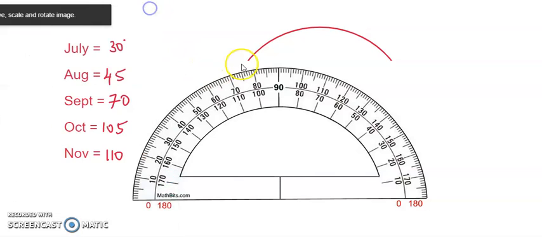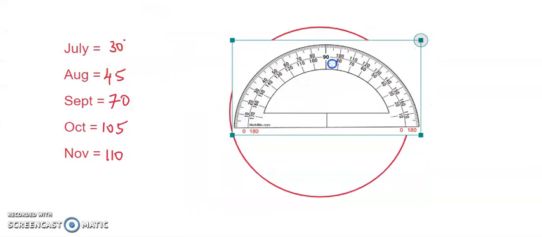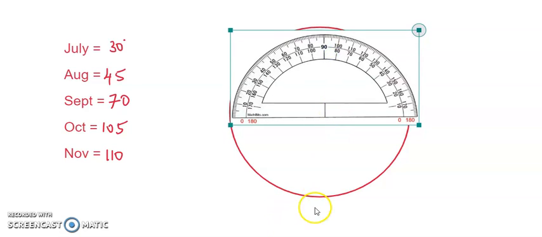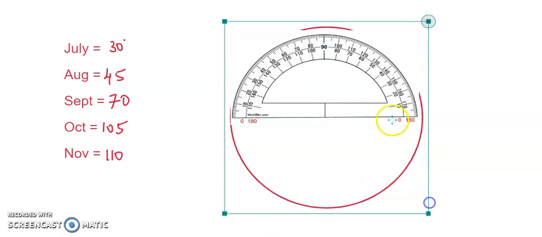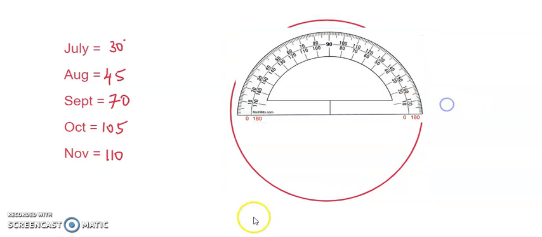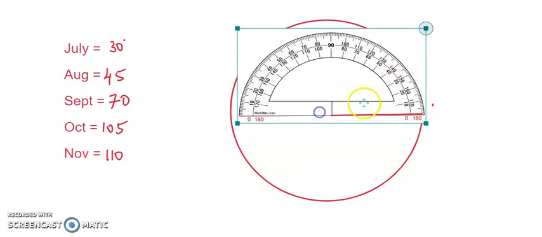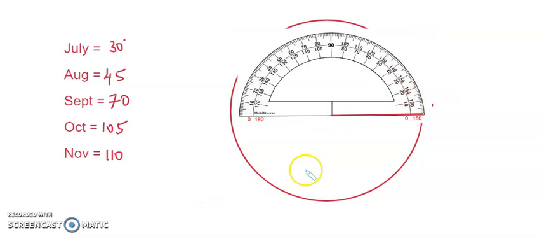Okay, so first let's mark a radius and 30 degrees. Let me make a little bit bigger circle. Let me take this as my radius. 30 degrees, so 30 will be this, right?